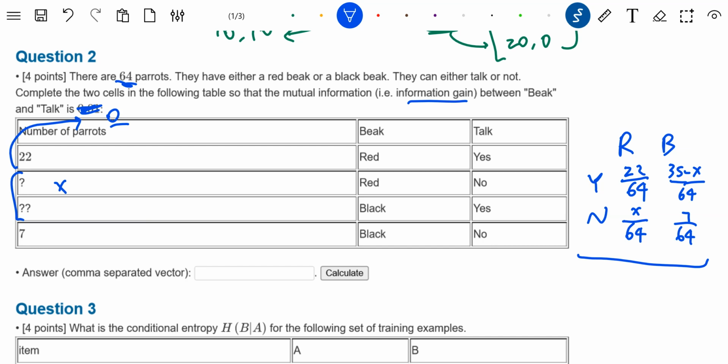So you can pick any entry and show independence. For example, you can pick this entry and say that the probability of R and Y is the same as the probability of R multiplied by the probability of Y. Again, that's the definition of independence.